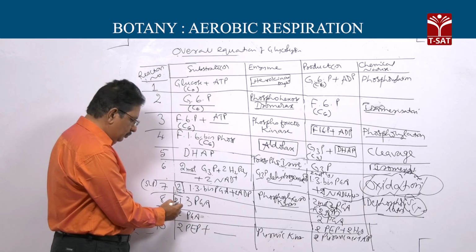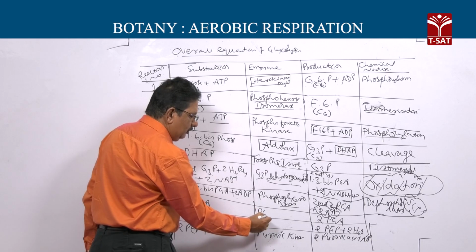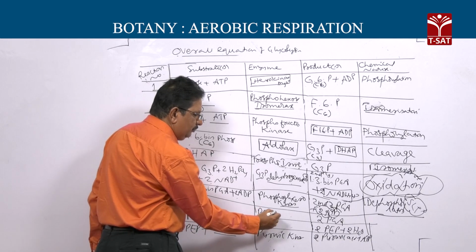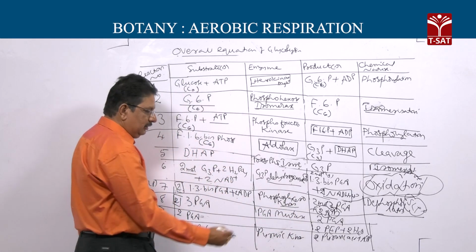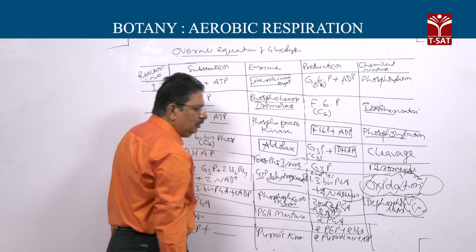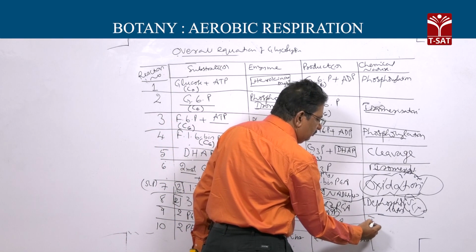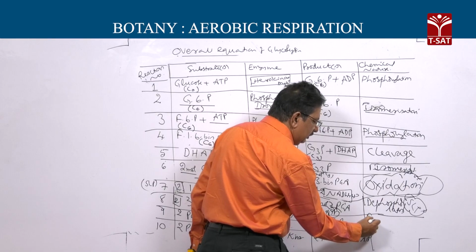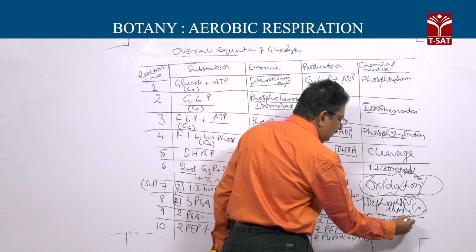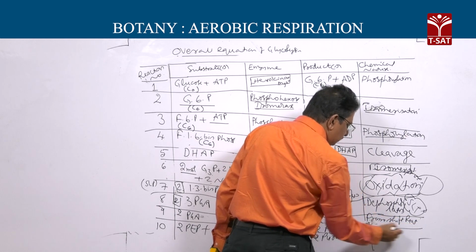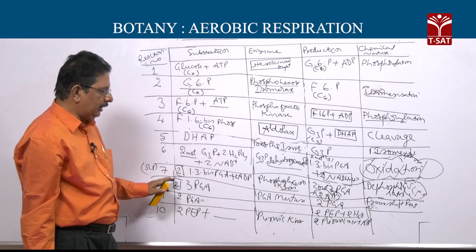And the 8th one, 2 molecules of 3-PGA in the presence of phosphoglyceric acid mutase converts into 2-PGA, which is another reaction otherwise called frame shift reaction or intramolecular group transfer.